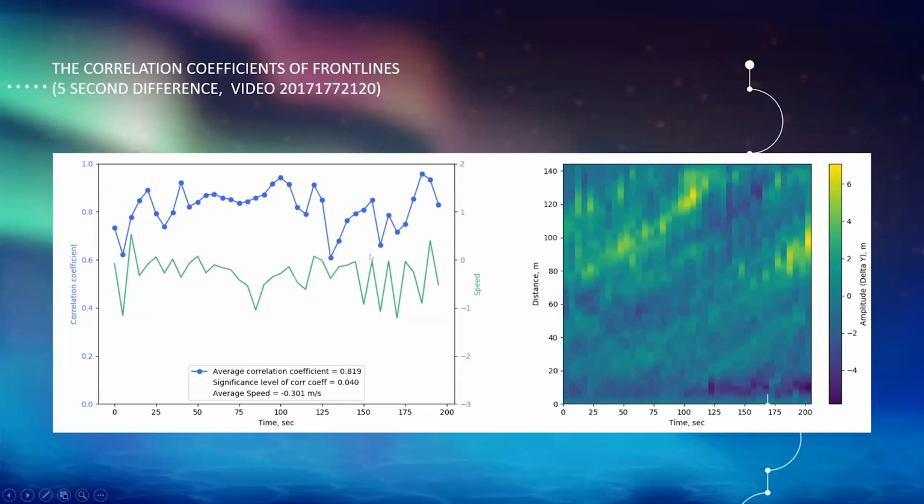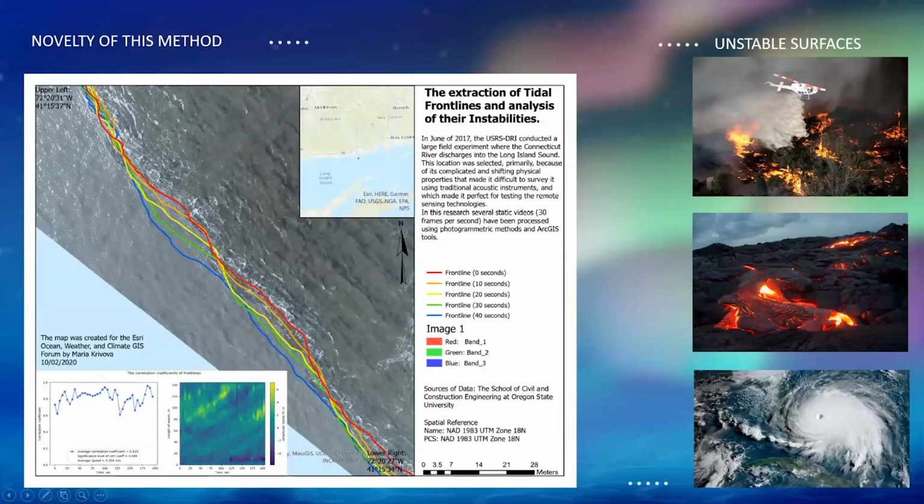Here at the left graph, we can see the average cross-correlation coefficient, which is calculated using all pairs of the video. On the right picture, we can see how amplitudes change through the video. The novelty of this method is that it gives a very precise, robust, and visually elegant identification of the front lines.